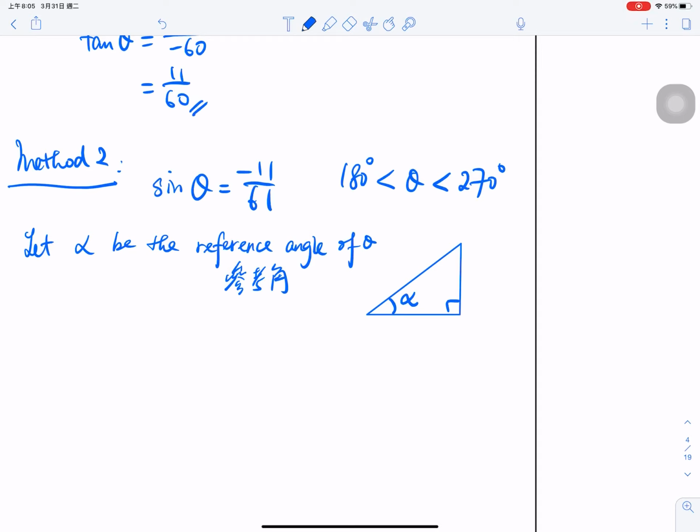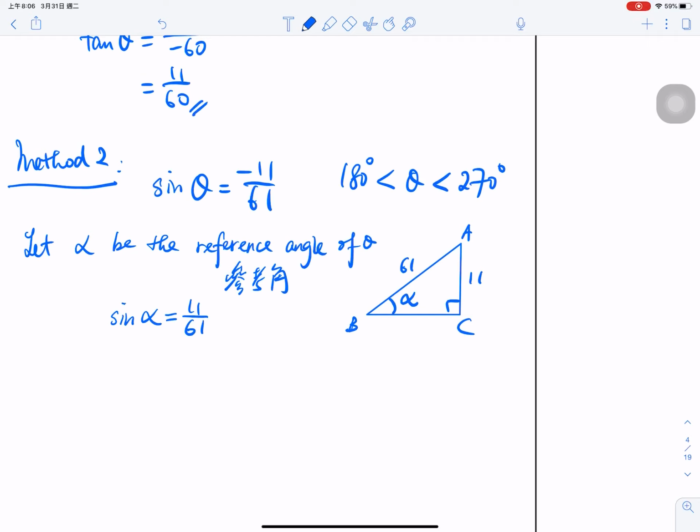Okay, so sine alpha equals 11 over 61. That means I pick this one as 11, this one as 61. That means A, B, C, I put it like this. Okay, then if you rewrite this using alpha as the reference angle of theta, sine alpha equals 11 over 61, right?